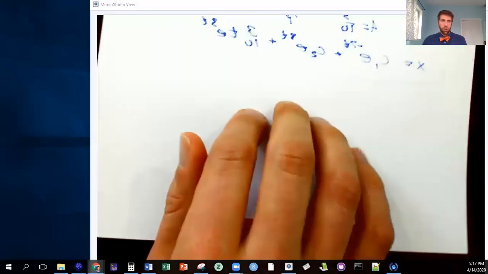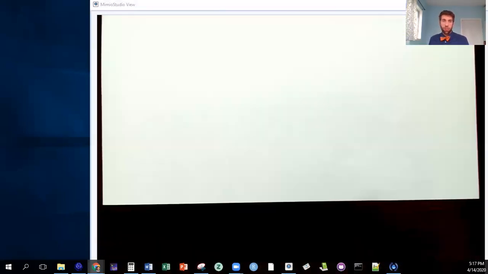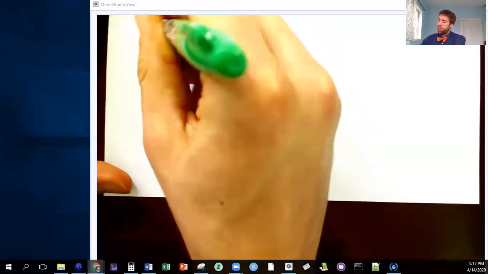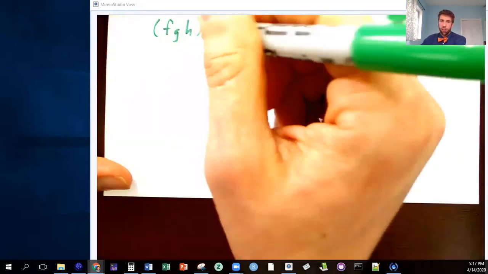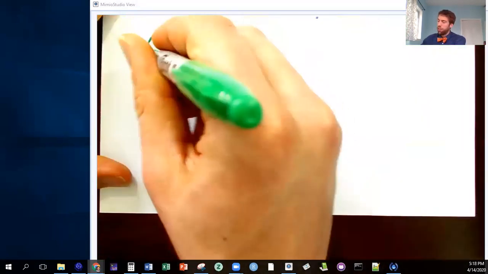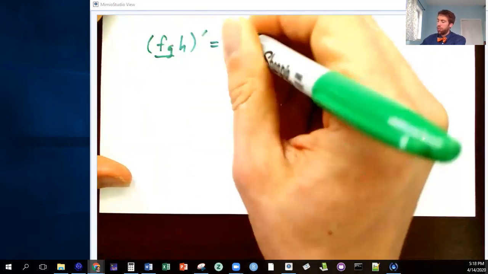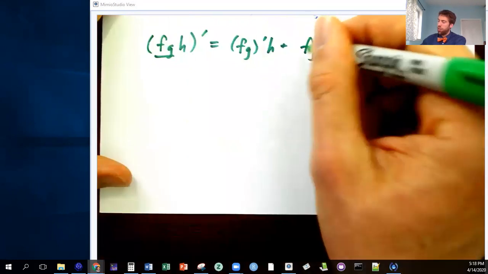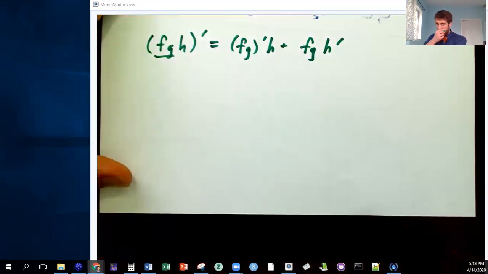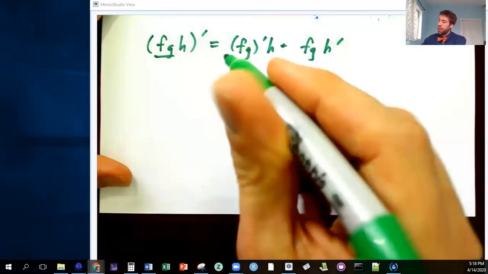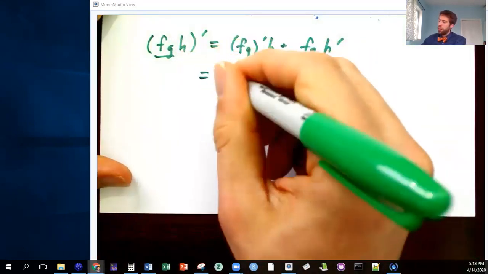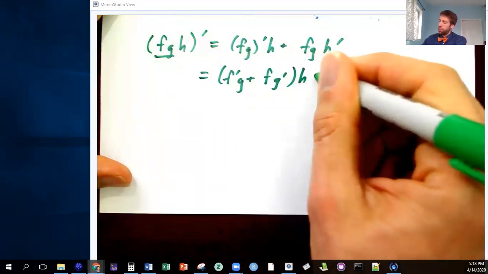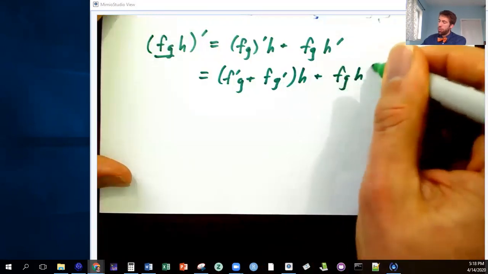Okay, we're going to take a little break to talk about product rule of 3 things. So say you have f, g, and h are all functions and you multiply them together and you're taking a derivative. We'll treat f and g together as one thing for a second. And so that's fg prime times h plus f times g times h prime. But then take the product rule again and you do f prime times g plus f times g prime times h plus f g h prime.